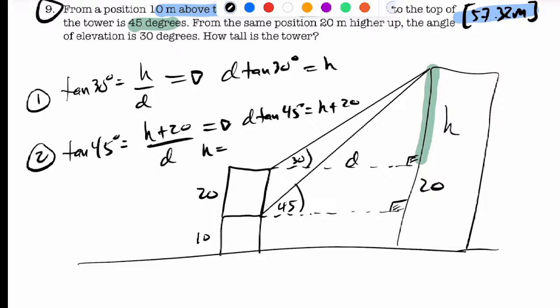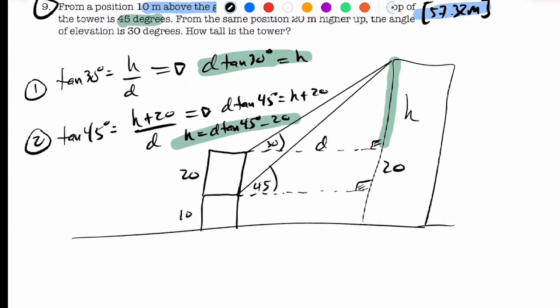So h is going to equal d tan 45 degrees minus 20. So I've got these 2 equations here. The problem is you can't solve for it directly until you get to the next unit, non-right angle triangles. So you're kind of stuck using right angle triangles. So now I set these equal. I get d tan 30 degrees.